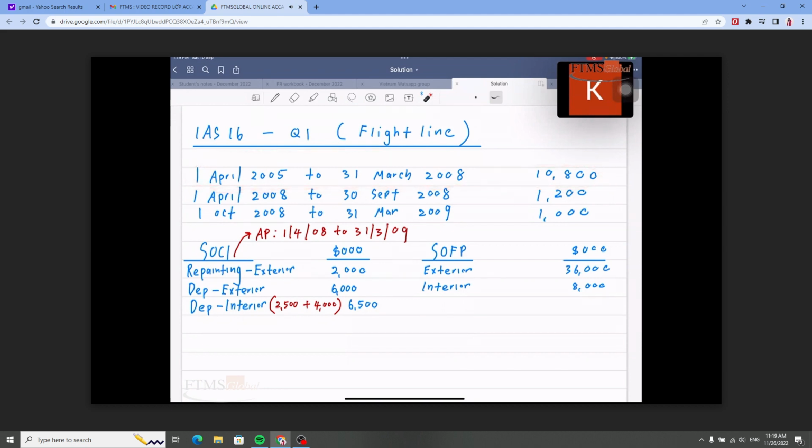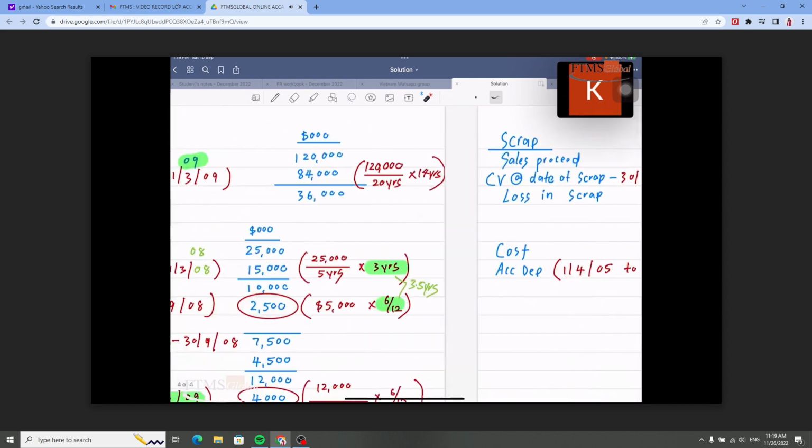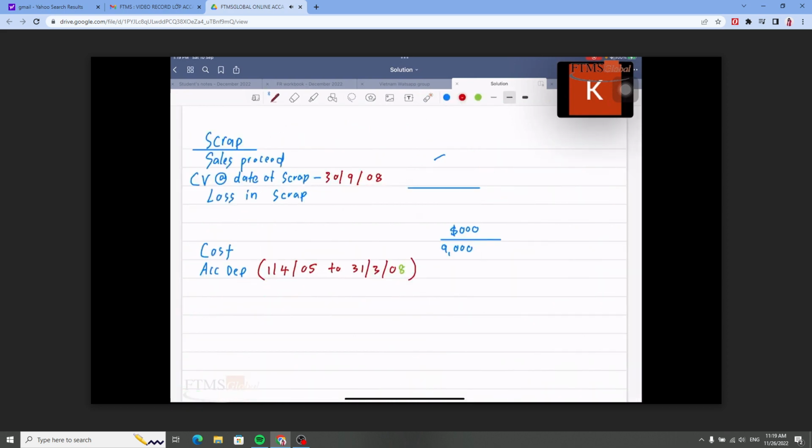Your total flying hours is 36,000. So to calculate depreciation, what you need to do, very simple mathematics. 10,008 divided by 36,000, right? Then multiply by the cost, right? Cost is 9,000.